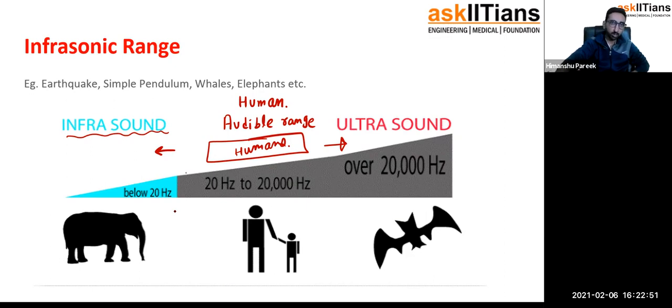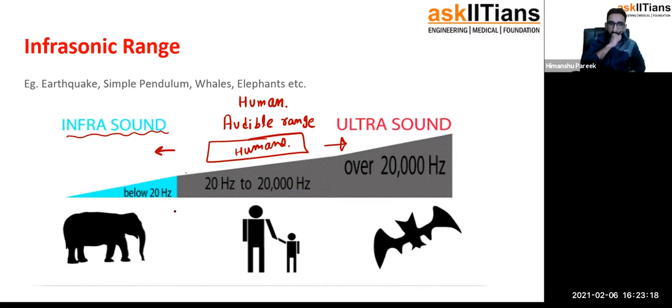This is a very low frequency sound, meaning the number of vibrations per second is very small. We cannot hear this. Our ears are not sensitive to these frequencies. What we can hear is above 20 hertz but less than 20,000 hertz.